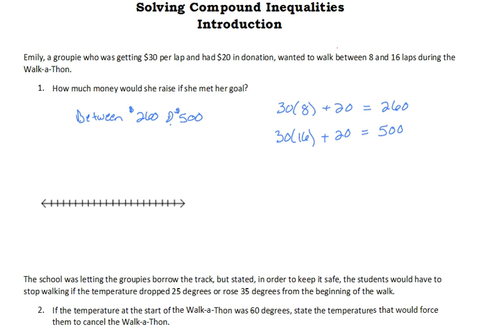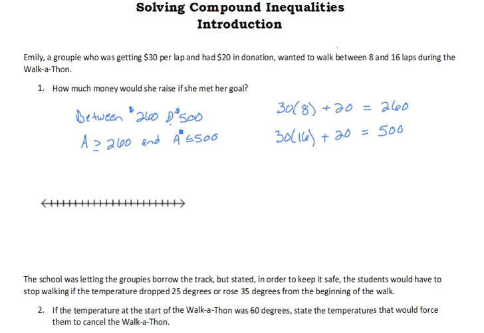Okay, let's look at this with what we've been looking at with inequalities. We know that A is the amount earned, so we know that her amount earned is going to be greater than or equal to $260, and it's going to be less than or equal to $500. So when we look at this, this is called a compound inequality because we have two pieces that we can compare.